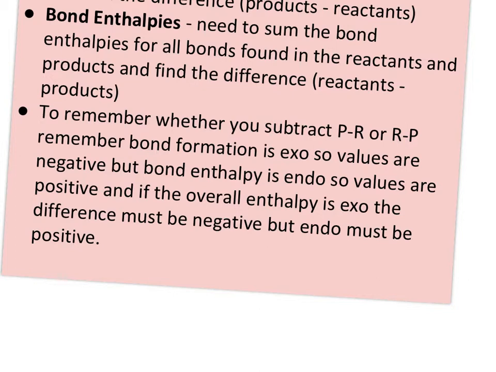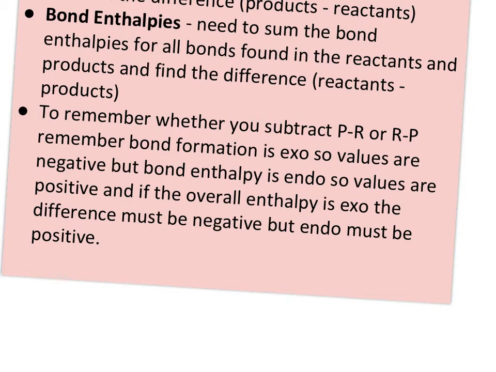So when I think about it, if I have an exothermic reaction overall, my products should give off more energy than my reactants. So when I take my product minus reactant or my reactant minus product, I should get a negative value. And the only way that's going to happen is if I take a negative product minus a negative reactant, I will end up with a negative value overall for an exothermic reaction.